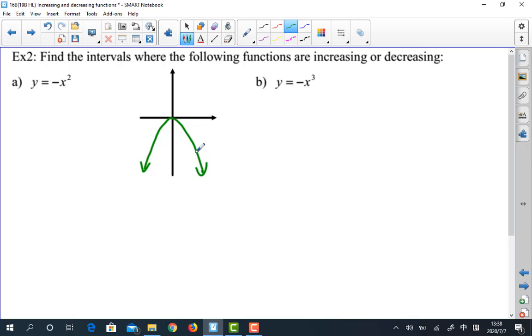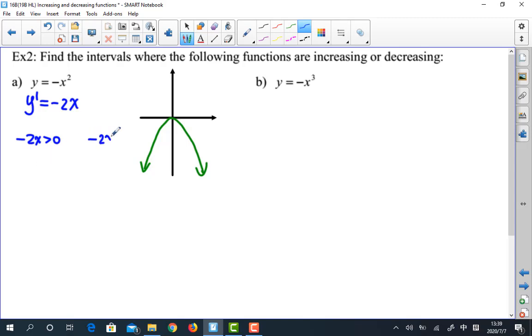But this time we want you to apply the first derivative to determine the increasing or decreasing intervals algebraically. So let's find its first derivative. y prime equals negative 2x. When this negative 2x, y prime, is greater than or equal to 0, you should have an increasing interval.